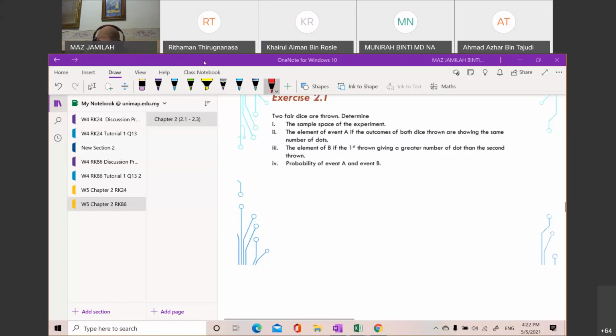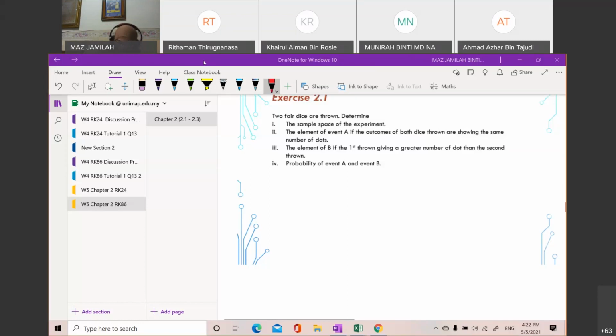For 1, there will be none. For 2, it is 2,1. For 3, it is 3,1 and 3,2; 3,3 cannot. For 4, it will be 4,1 until 4,3. For 5, it will be 5,1 until 5,4. And for 6, it will be 6,1 until 6,5.